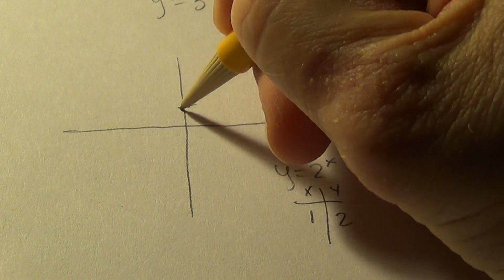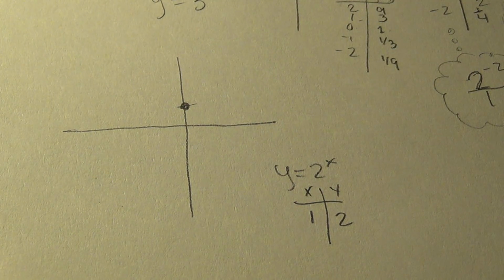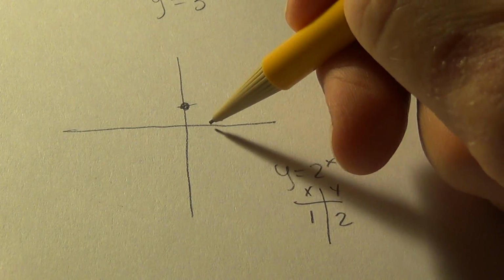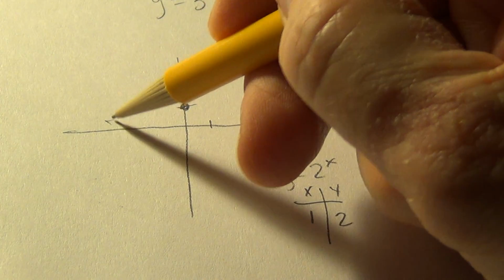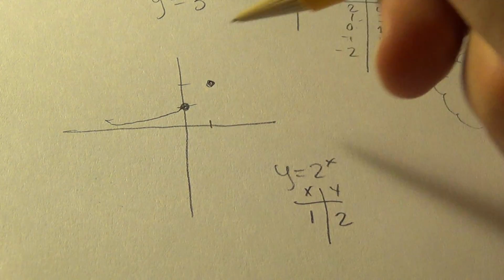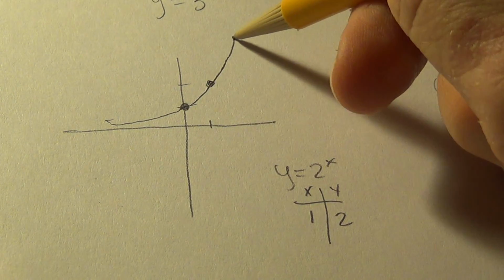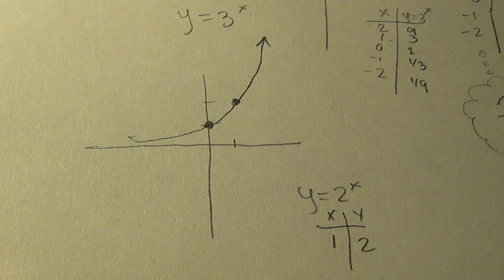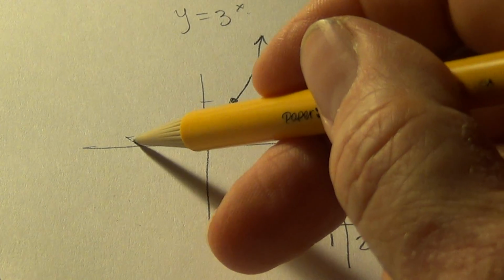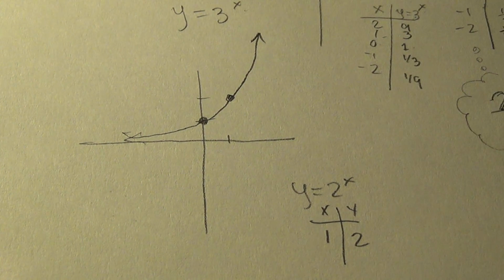Because first of all, you know this point is on every exponential. So now I go 1, 2 gives me 1 point. I know the tail looks pretty much the same for all of them, and then it goes zinging up. So look how quickly I got that, knowing the basic pattern ahead of time for exponentials.